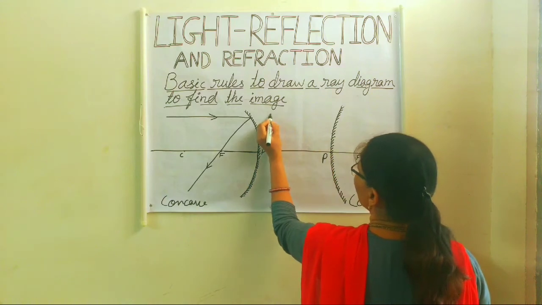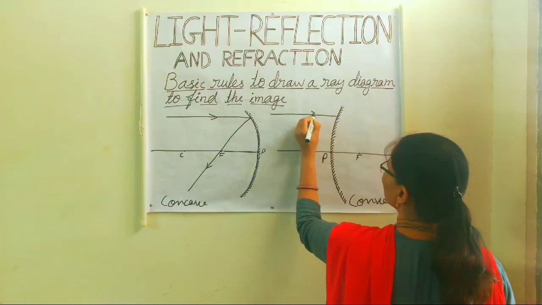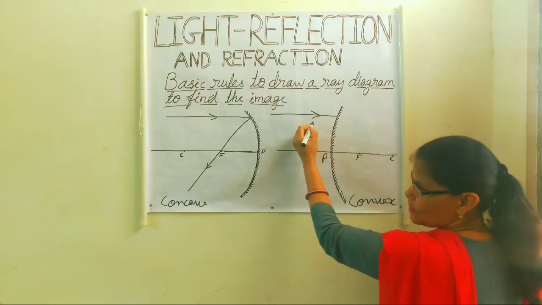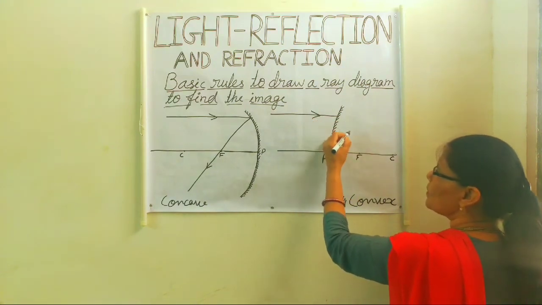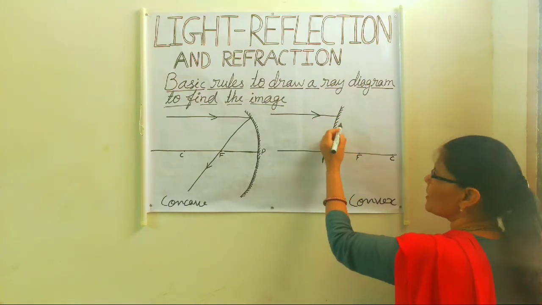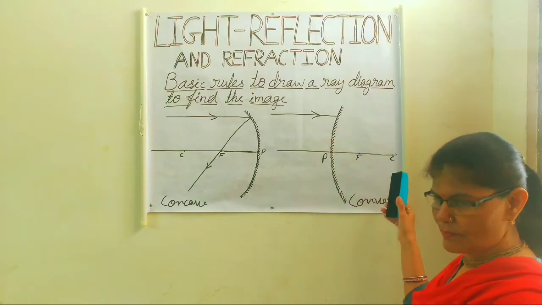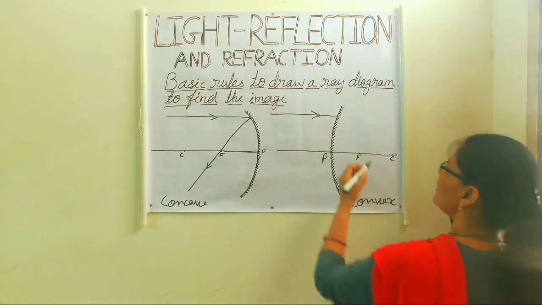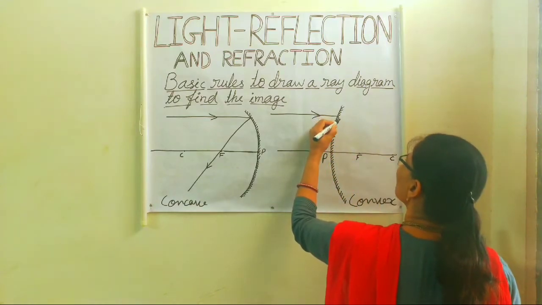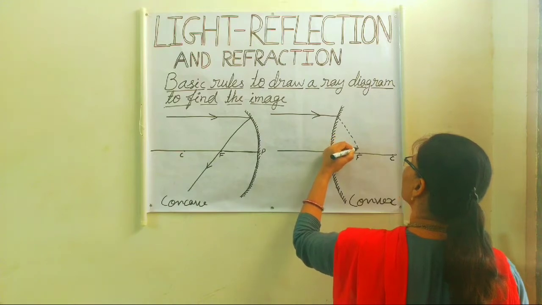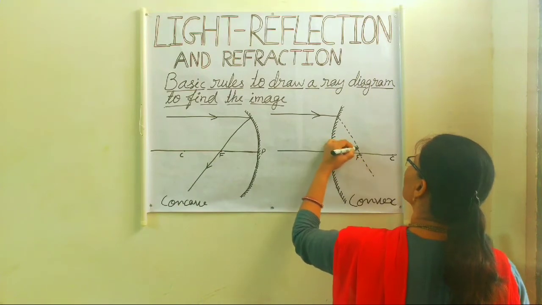Same thing, when a ray comes parallel to the principal axis, this is the incident ray and we put an arrow like this, the reflected ray will pass through the principal focus. But as it is on the back side of the mirror, we cannot draw this as a dark line. We have to draw it as a dotted line, an imaginary line, like this.